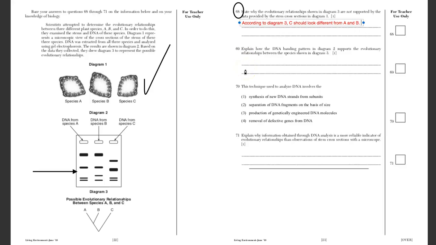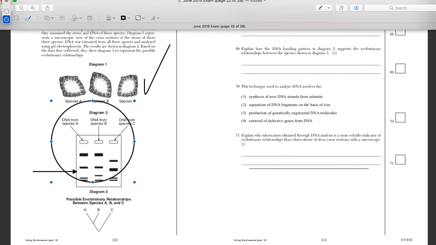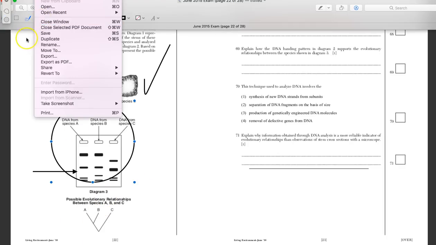Moving on. Explain how the DNA banding pattern in diagram 2 supports the evolutionary relationship between the species shown in diagram 3. So let me just undo this.